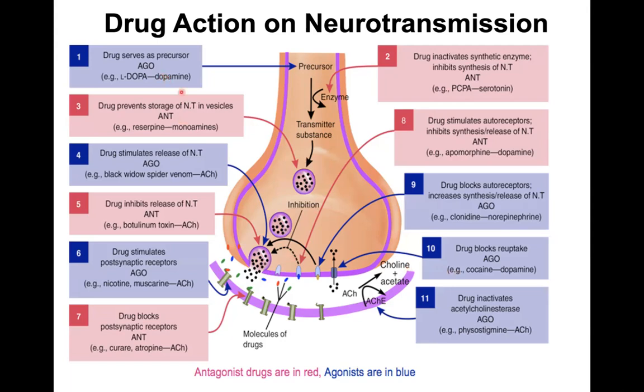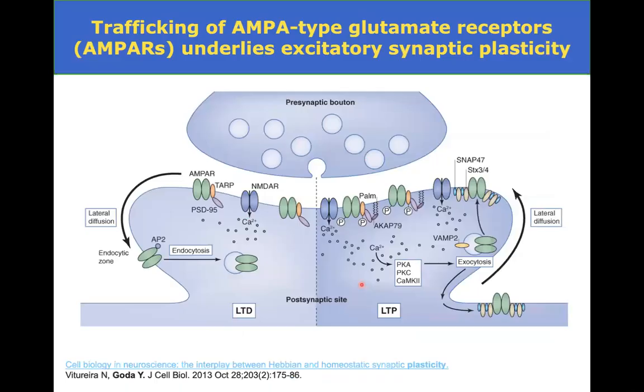So for instance, there's molecules that block the release of neurotransmitters. There's drugs that block the postsynaptic neurotransmitter receptors. There's drugs that can affect metabolism. So understanding basic mechanisms of synaptic transmission can also help to identify novel targets for these disorders.